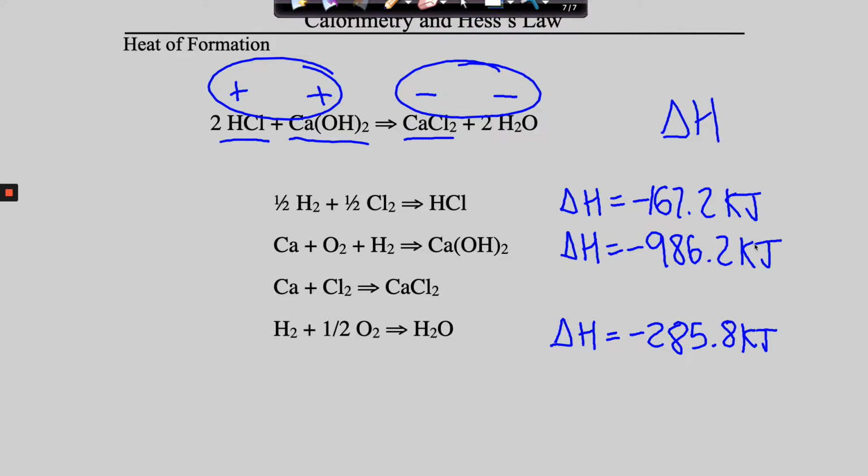Negative 795.8. You guys, some of you are writing these down, so I'll slow down with you. But if you're not, you're fine. Tell me when you're ready to continue. Are we okay now? Is that okay?